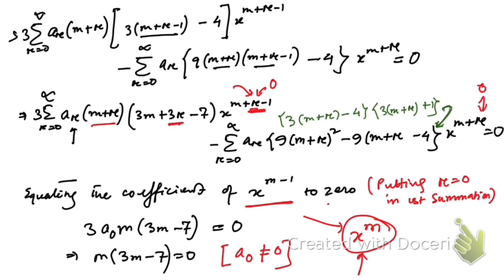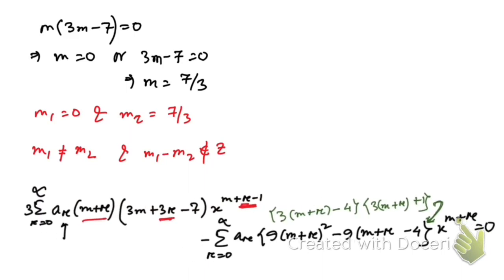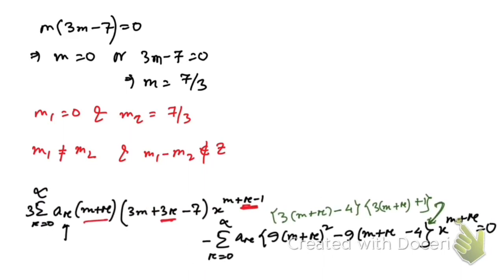So if you do so, let me copy this step and write it on the other slide. Okay, so this is the equation from where we're going to equate the coefficients. Let me write these things here.